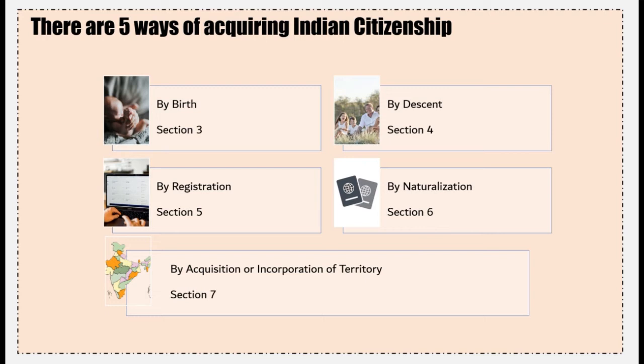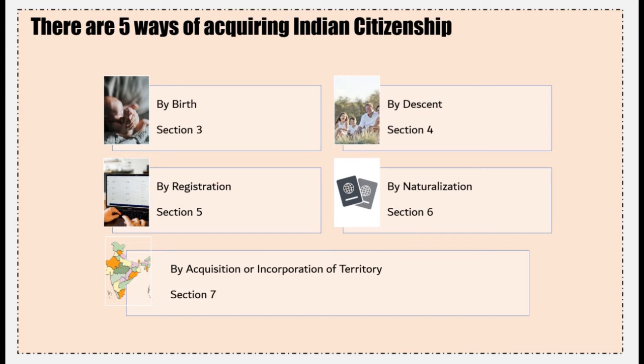D. During the period of 14 years prior to these 12 months, he has resided in India or been in central government service for not less than 11 years. E. A person should have adequate knowledge of a language specified in the 8th schedule. F. After grant of the certificate of naturalization, the person should reside in India.